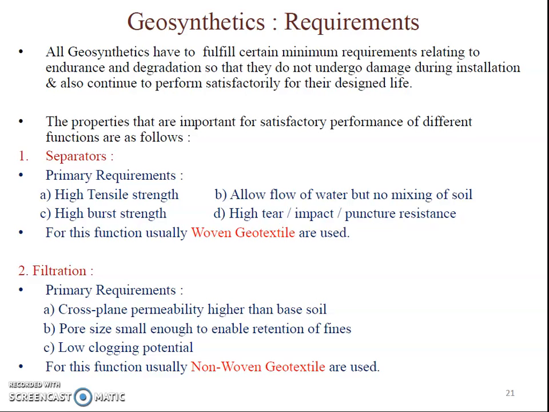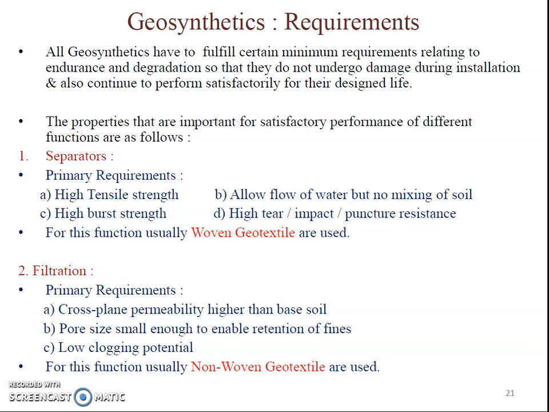The second requirement is that a separator should allow flow of water but not mixing of soil. We use a separator to separate two layers of soil. Suppose there is one layer of boulders and a second layer of fine soil.